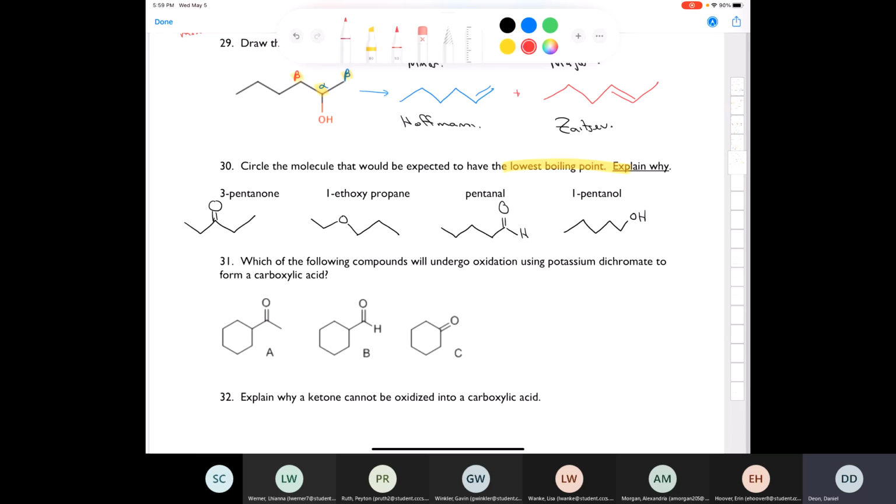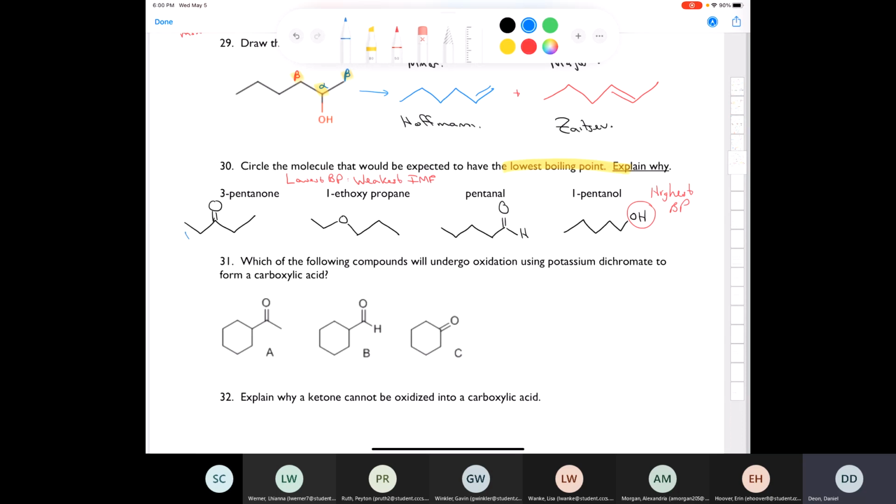It's the ether. This one will have the lowest boiling point because it has the weakest intermolecular forces. We talked about this a lot. Now, 1-pentanol is going to have the strongest intermolecular forces, so it will have the highest boiling point. Why? Because it can participate in hydrogen bonding.